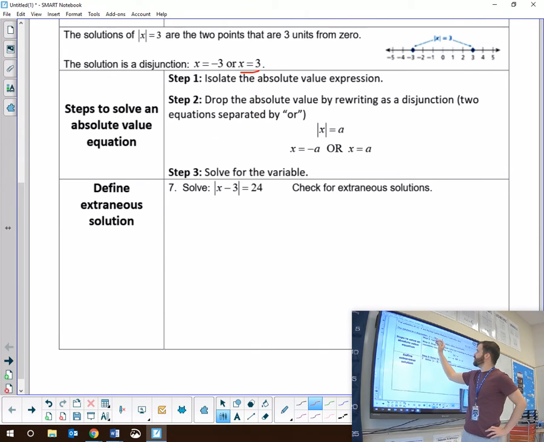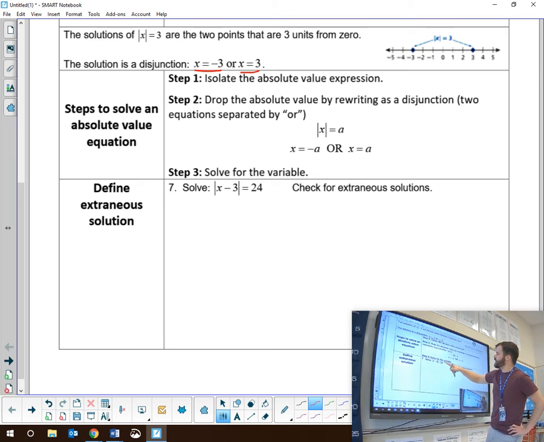However, x could also be equal to negative 3. If x were negative 3, it would still work. The absolute value of negative 3 is still 3. And so both of these are correct answers. Both of them work.